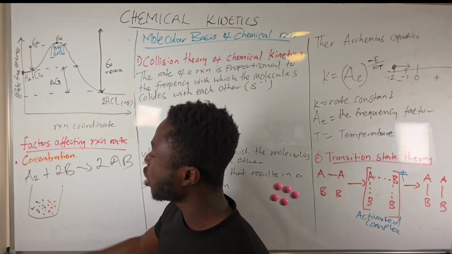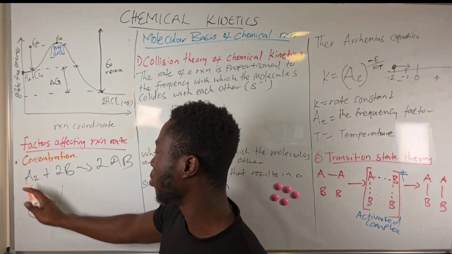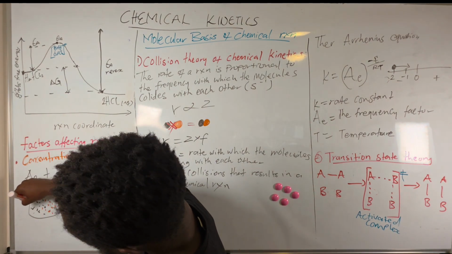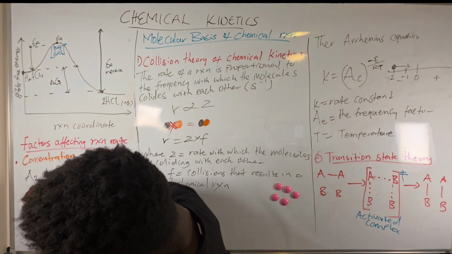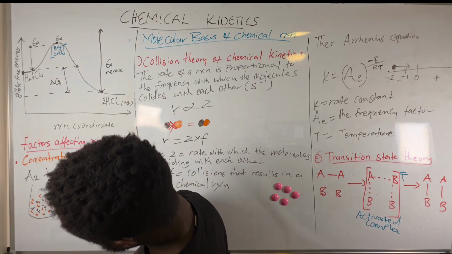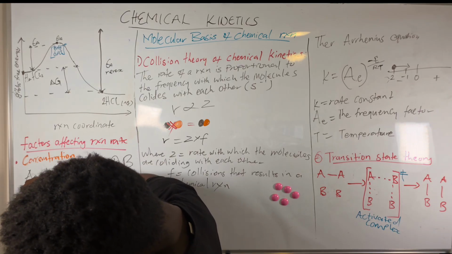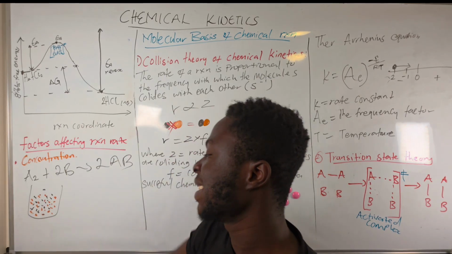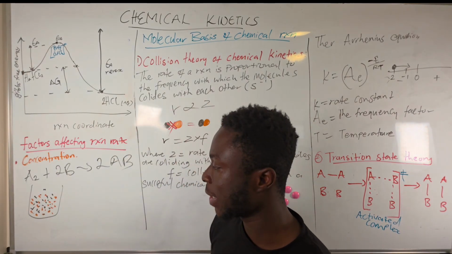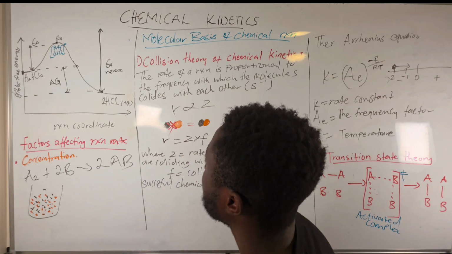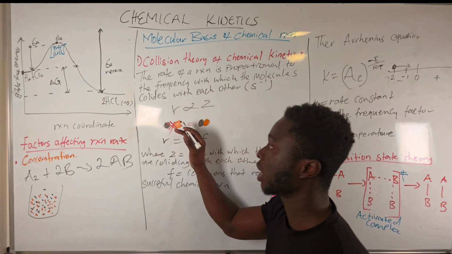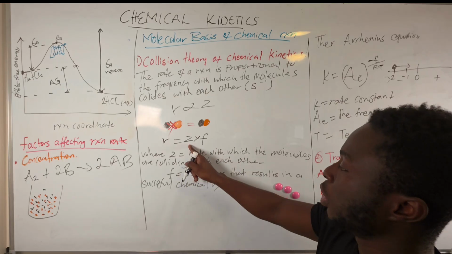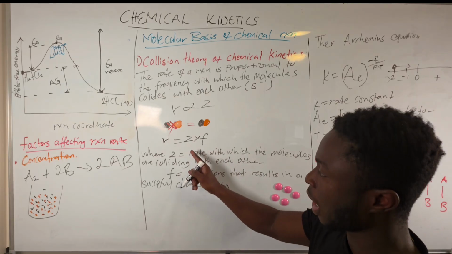If we are supposed to increase the overall concentration of both reactants, now we are going to have more stuff, like more B in it. We are also going to have more A in this thing. So by so doing, we are increasing the chances of these things colliding with each other. And if we are increasing the chance of these things colliding with each other, the rate of the reaction is directly proportional to the rate with which the molecules are colliding.